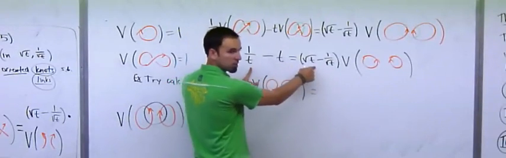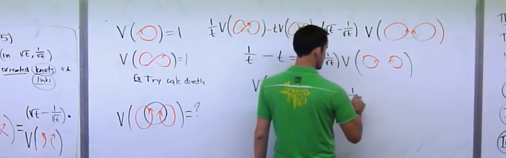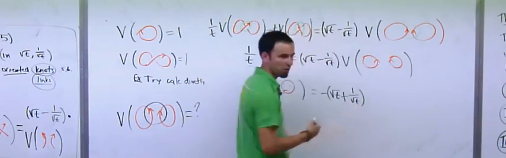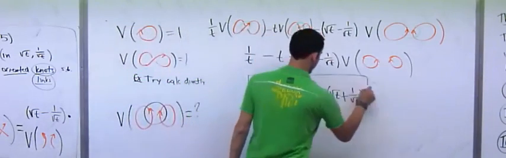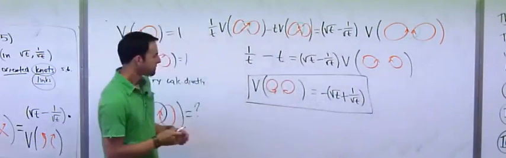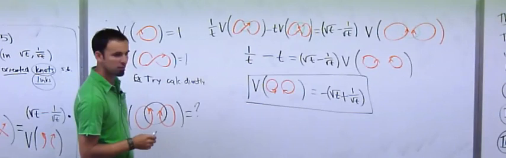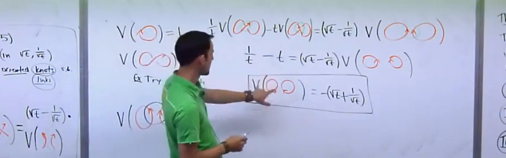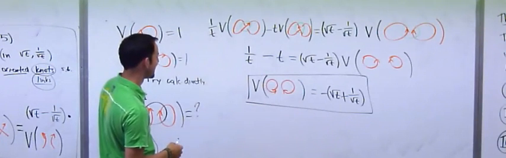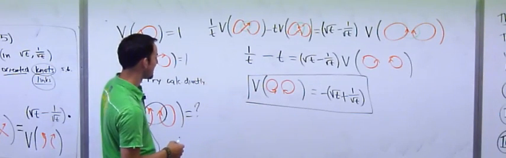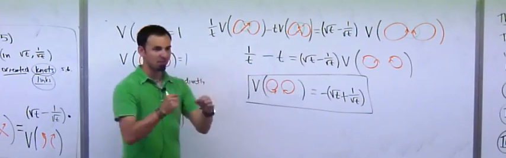This is the square of this one. So actually, this is just this, which is a polynomial in square root of t and 1 over square root of t. Okay. Why is it negative? Oh, yeah. Thank you. So that's how you do it. That's how you compute V of two unlinked things.